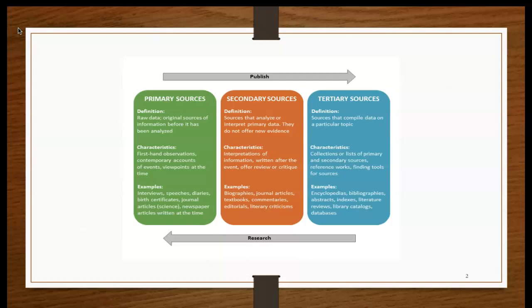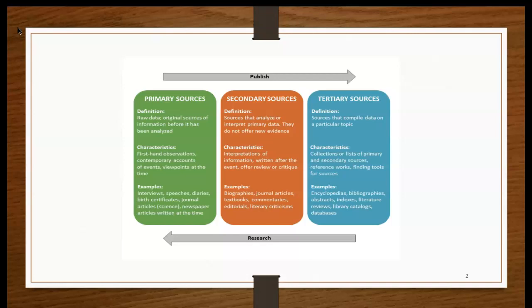So secondary sources are second-hand. They analyze and they interpret primary sources. They don't offer new evidence. And they are interpretations of information. They are written after the event. They offer a review or a critique or an analysis of that event.